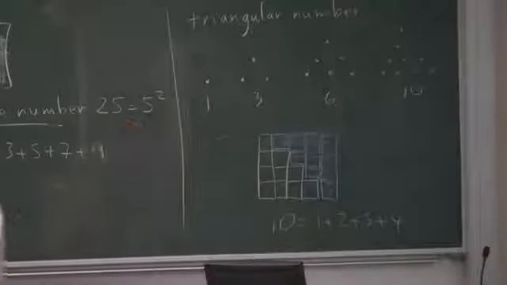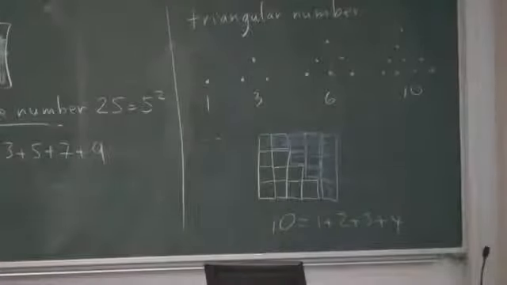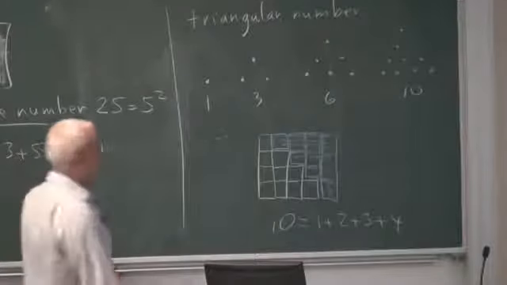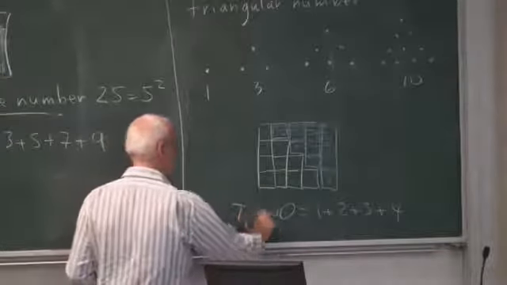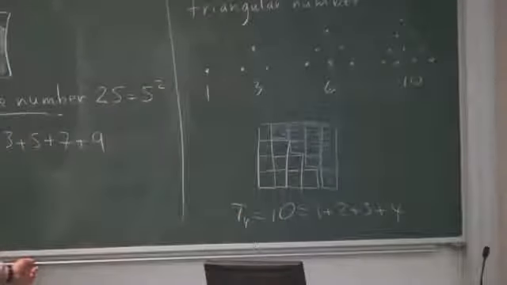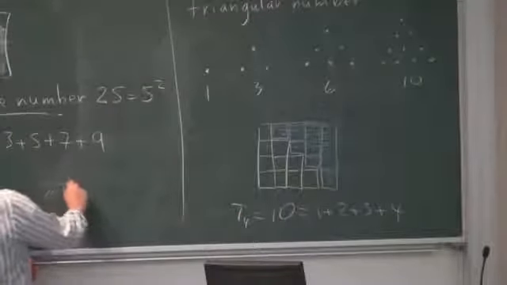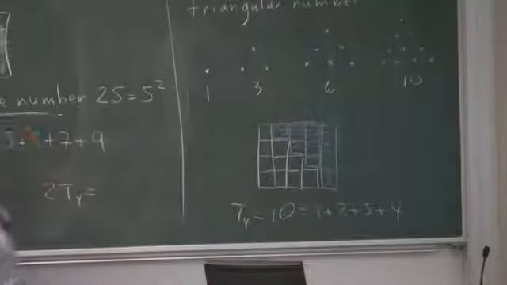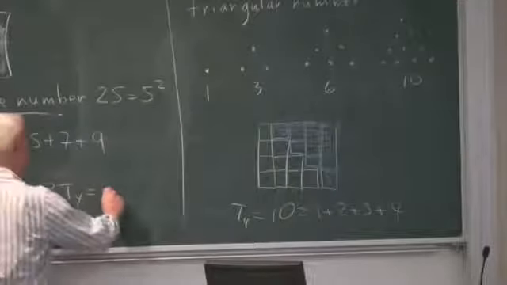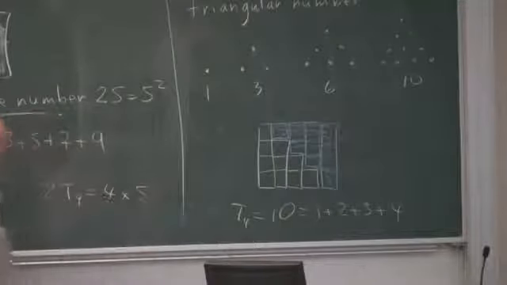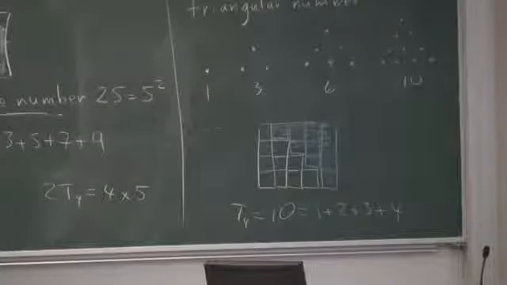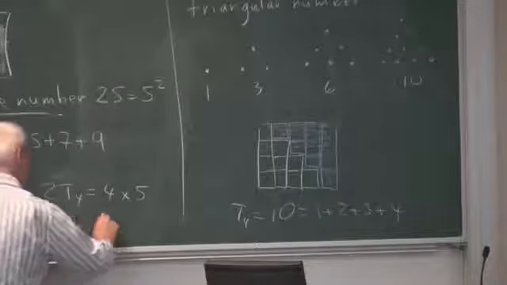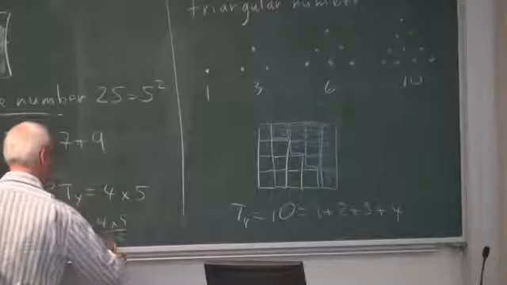That's exactly another copy of the same thing. And when we do it like that, we see that this triangular number, which maybe we could call T4, the fourth triangular number, if we take 2 times it, 2 times T4, we are going to get a rectangle. And the rectangle has sides 4 and 5. So 2 times T4 is 4 times 5, giving us T4 equals 4 times 5 over 2.